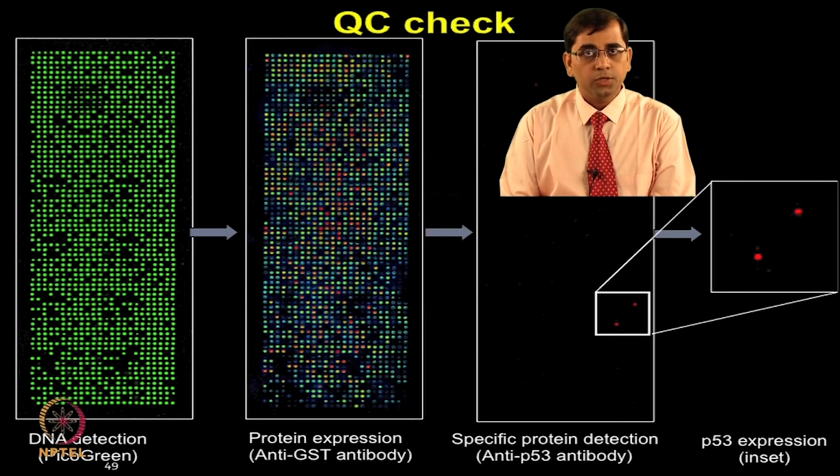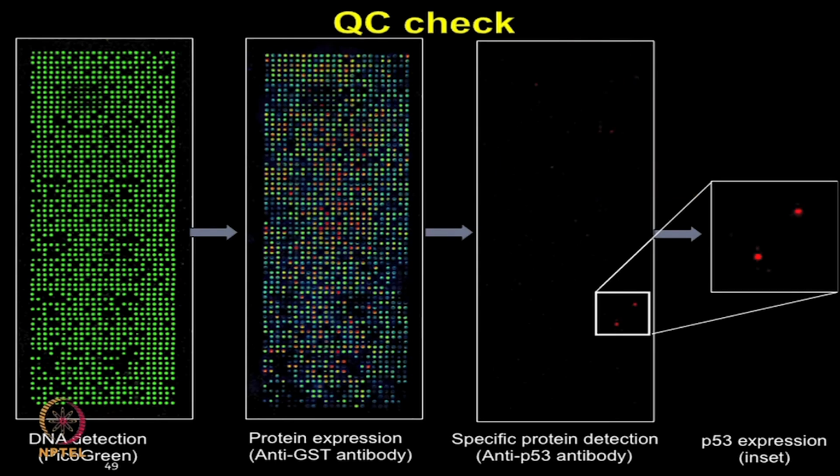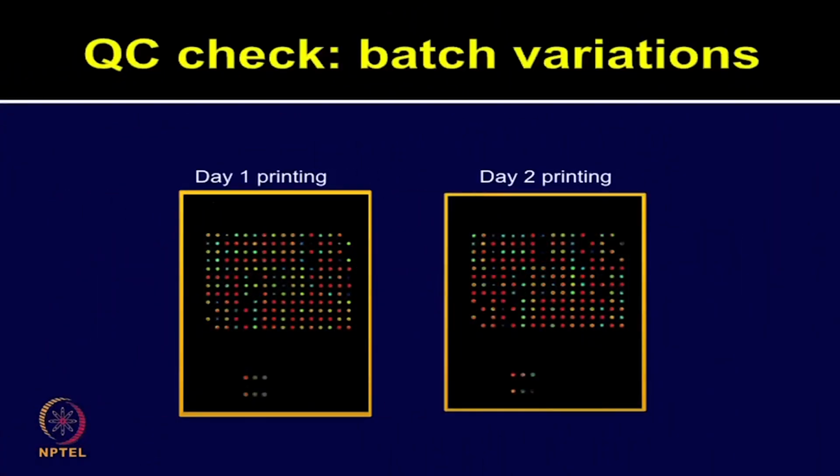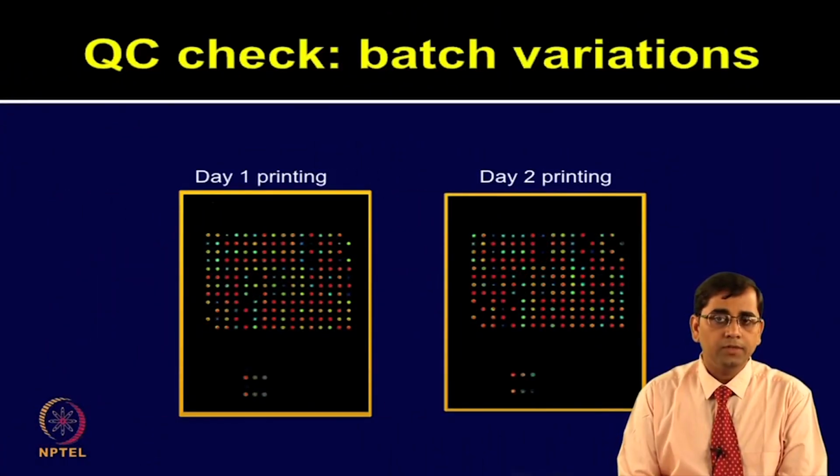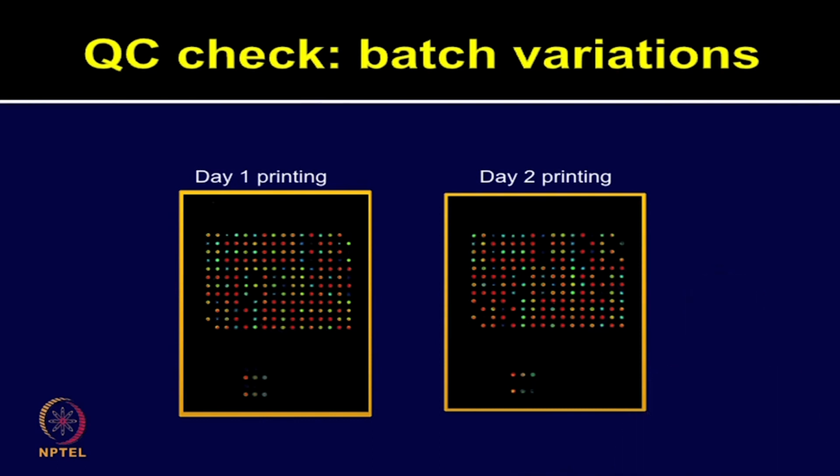Next to that is protein expression by using anti-GST antibody and protein specific expression by using anti-P53 antibody. Again, one needs to look into the batch to batch variability for the protein expression. If you print GST purified protein in different concentrations as shown in the bottom side, those can be used to determine how much protein is produced on each feature.